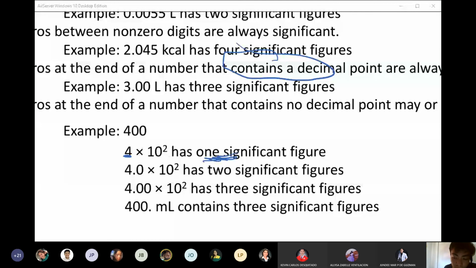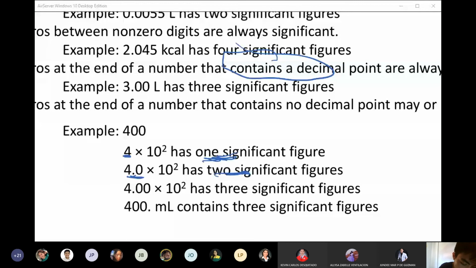I can also interpret 400 as 4.0 times 10 raised to 2, still the same number, but with 2 significant figures. I can also interpret that as 4.00 times 10 raised to 2, which contains 3 significant figures. I can also interpret it as 4.00000 times 10 raised to 2, which contains 6 significant figures.